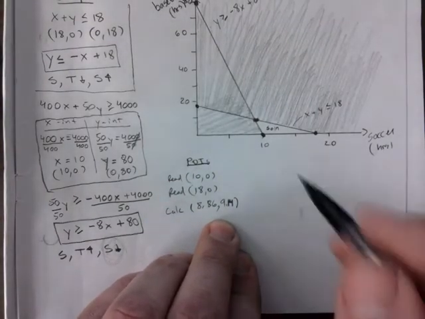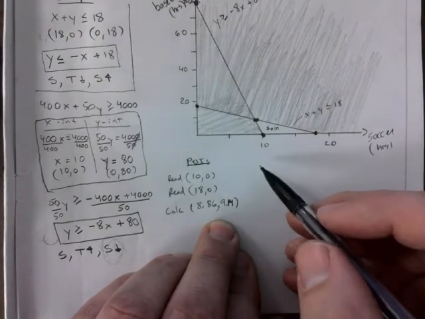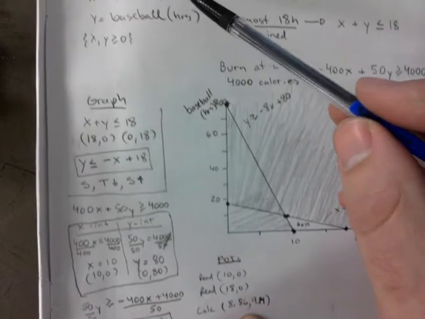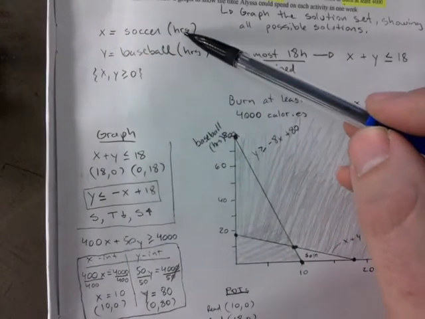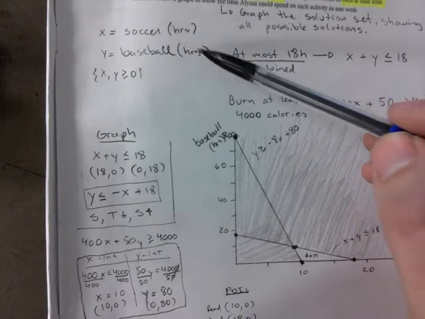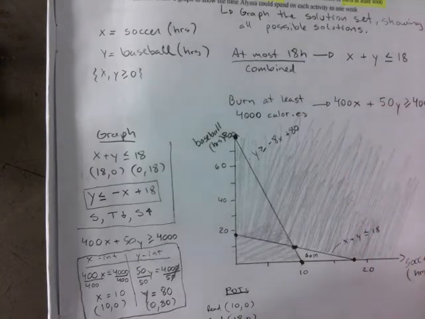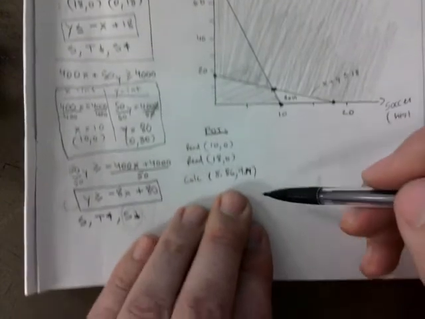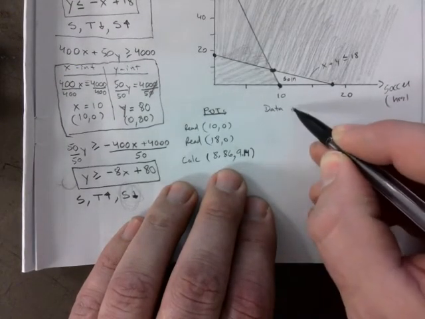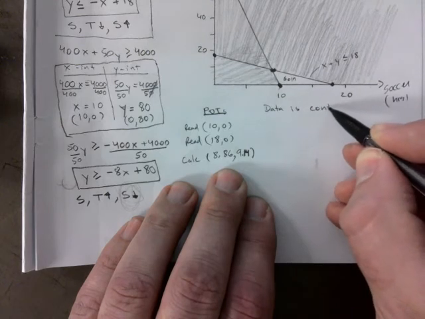And then you have to ask yourself, what kind of data is this? And it's hours, so it's continuous. Unless the problem says you can't do partial hours, we always assume it's okay. So I will make a note here. Data is continuous.